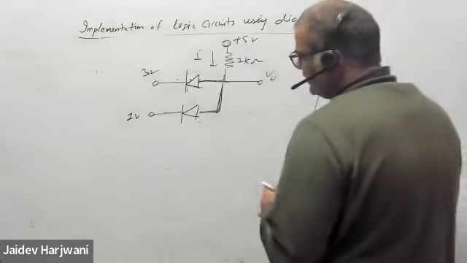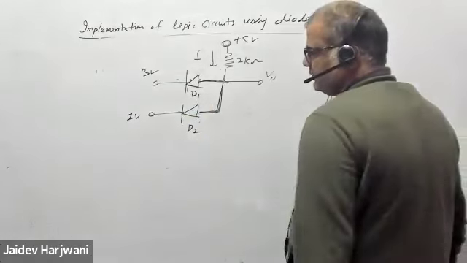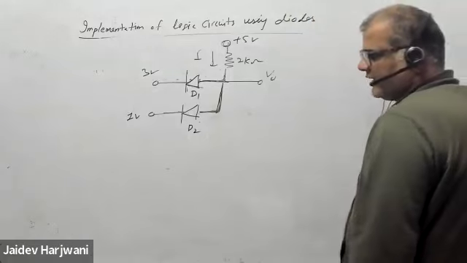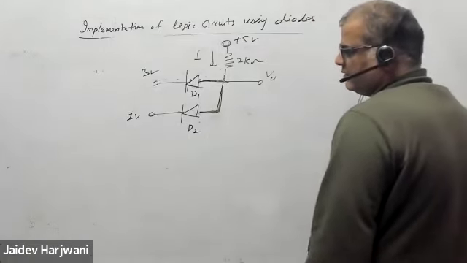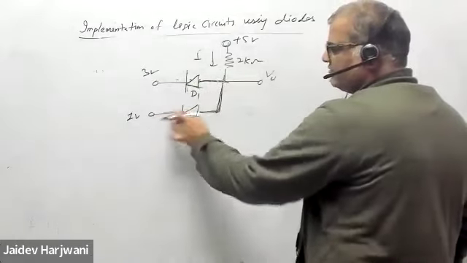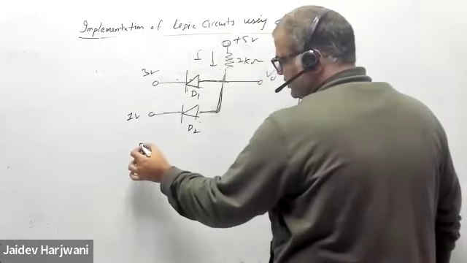D1 will conduct or D2 will conduct? Put all the cases. If I say both are conducting, can both conduct? If both are conducting, this 3 volt will come here, this 1 volt will come here. Both cannot conduct.